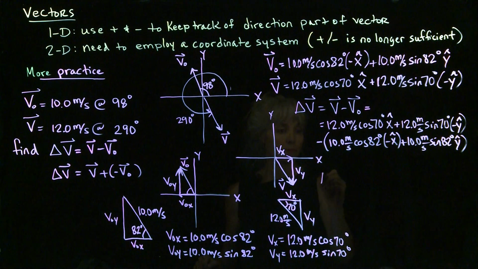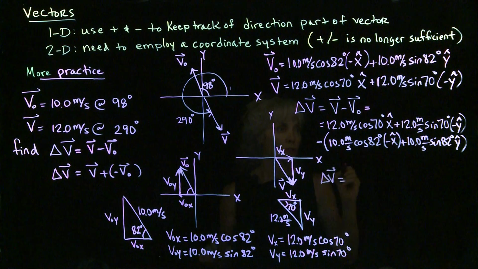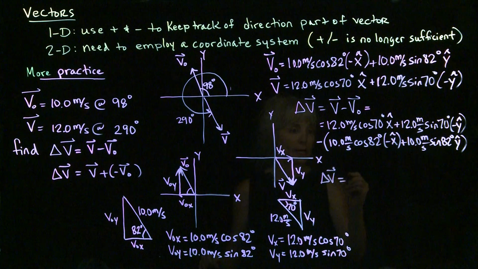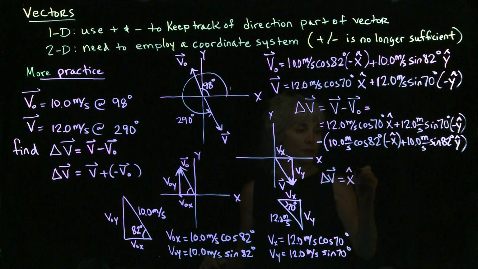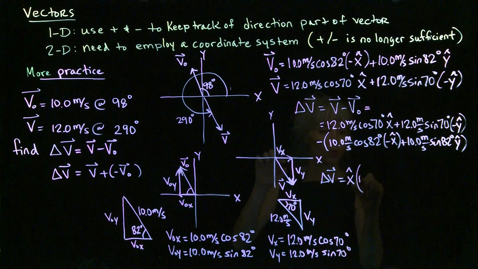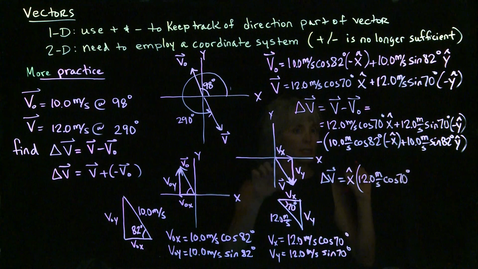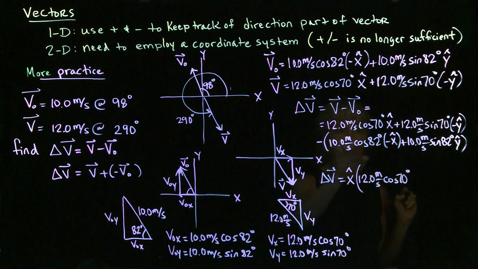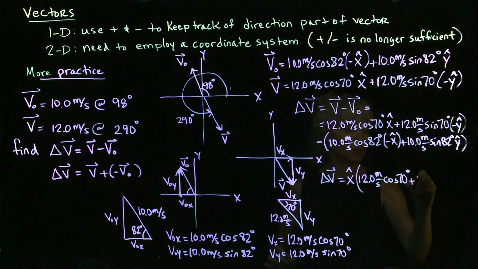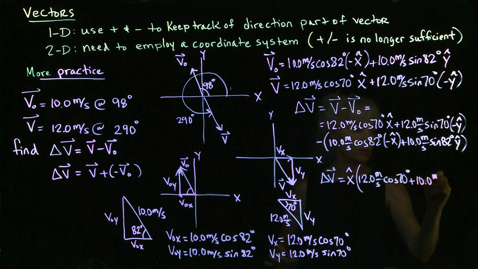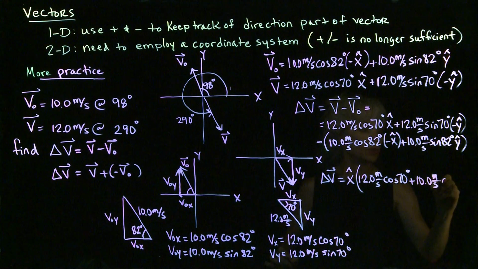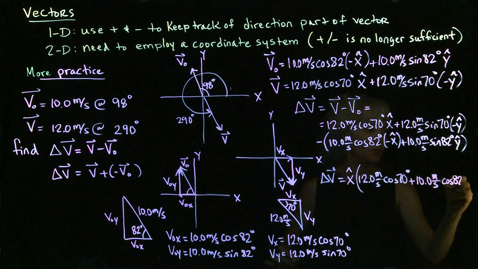Delta V then equals, and I'm going to combine the x's together. So what do we have that is being multiplied by x hat? Well, we have the 12 meters per second times the cosine of 70 degrees. And then this minus sign and this minus sign are going to give me a plus. So this is going to be plus 10 meters per second times the cosine of 82 degrees.